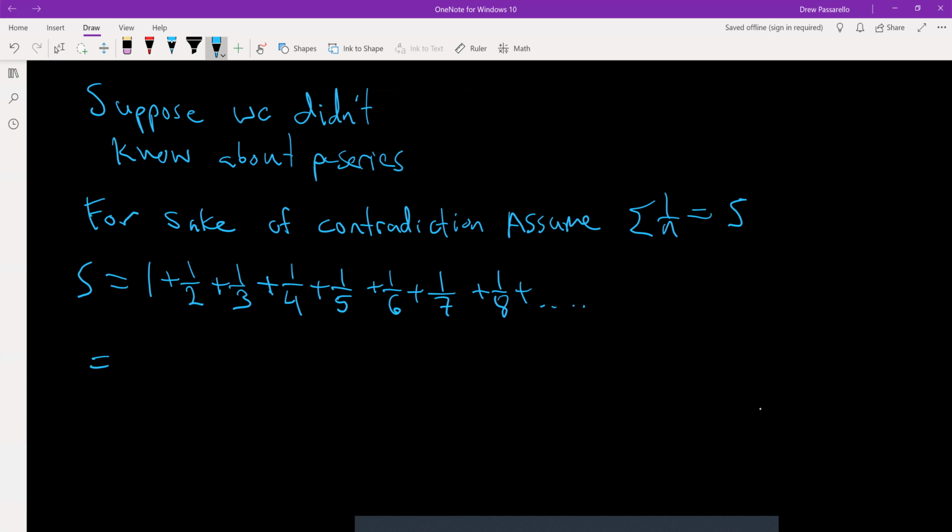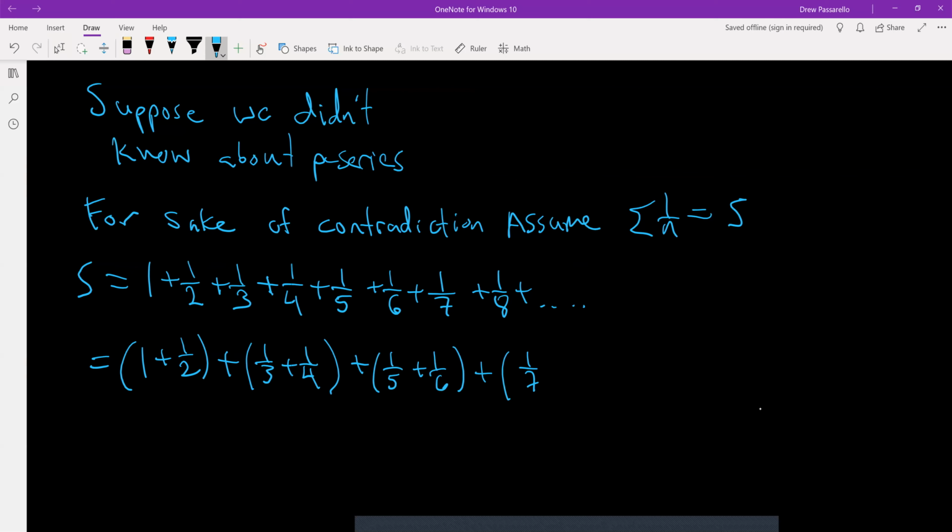So this is equal to grouping 1 plus 1/2, and grouping 1/3 plus 1/4, and then grouping 1/5 and 1/6, and then grouping 1/7, 1/8.